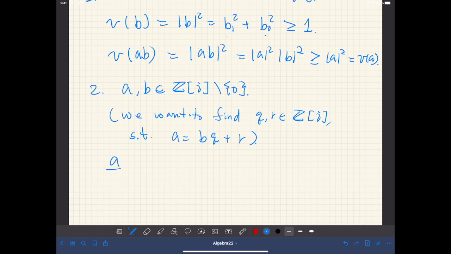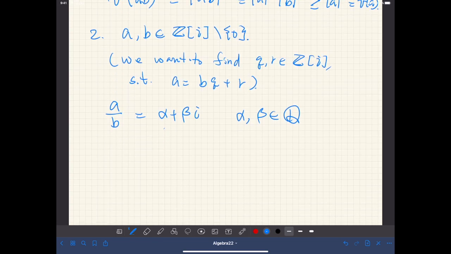Okay, let's consider A over B and express it as alpha plus beta i. In general, this is not a Gaussian integer, but alpha and beta are, at least, rational numbers.